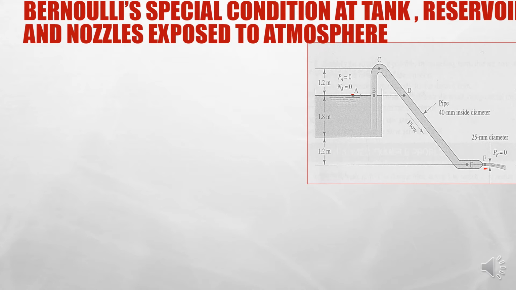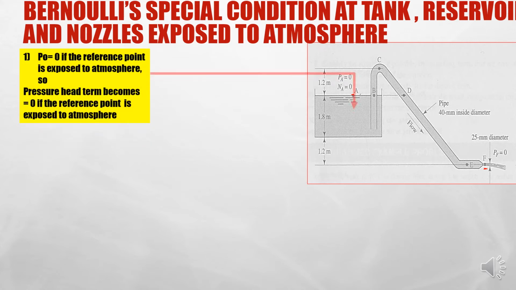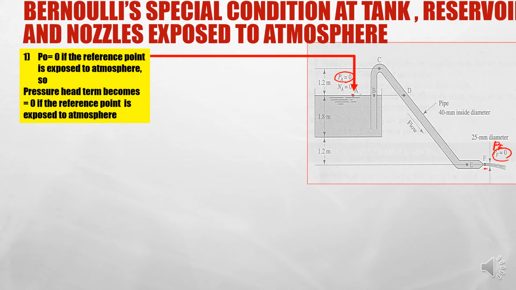Therefore, at these 2 points, because they are exposed to the atmosphere, we consider the pressure at point A to be equal to 0, and so too for point F: the pressure at point F is equal to 0 as well. So what happens when the pressure at these 2 points is 0?